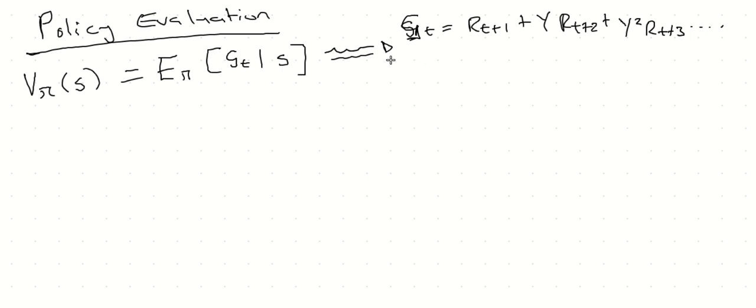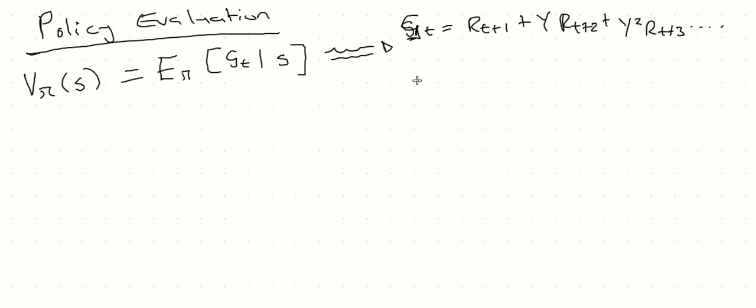How good it is to be in a particular state is essentially the expected cumulative reward that we'd get starting from that state. If we start from state S, the expected reward is the value of being in that particular state.